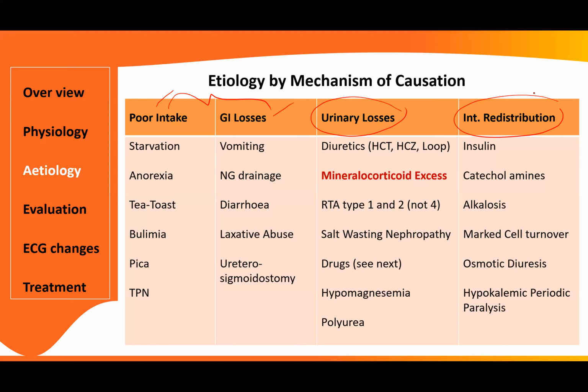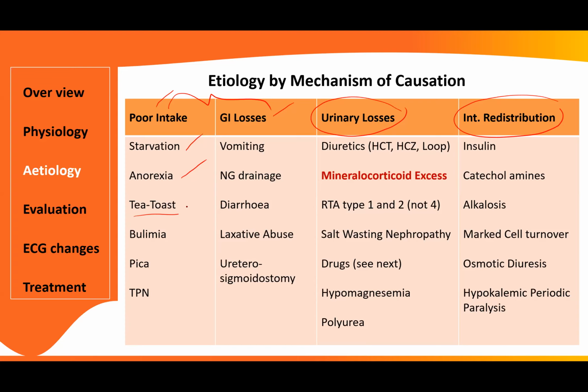What are the causes of poor intake? Starvation, anorexia, tea toast life, which means they don't have anything to eat except a cup of tea and a toasted bun or bread. These are very poor people. They don't have access to fruits and rich foods which contain a lot of potassium, so they will end up in time in hypokalemia. Tea toast is a typical expression of poverty. He is a tea toast man means that he is a poor man.